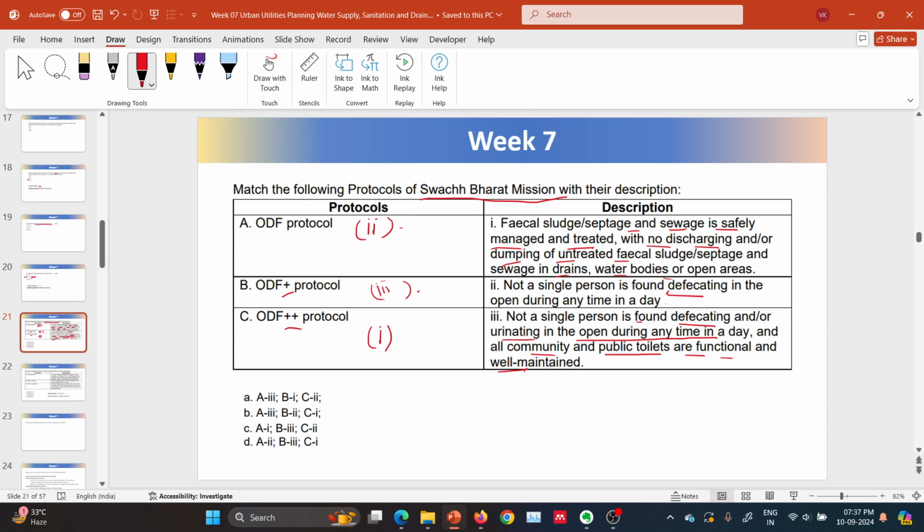In the second, they talked about no open defecation, no urinating at any time of the day, and the public toilets should be functional.